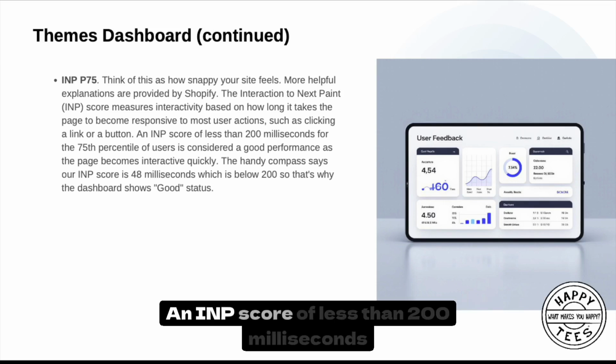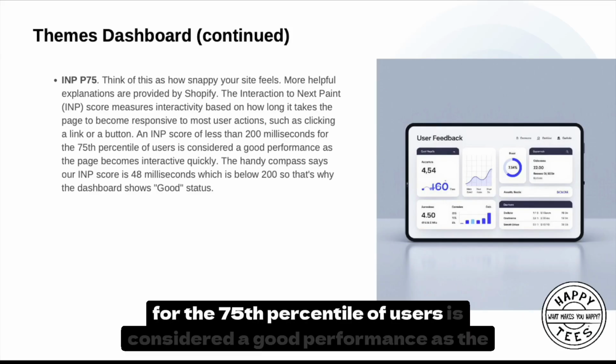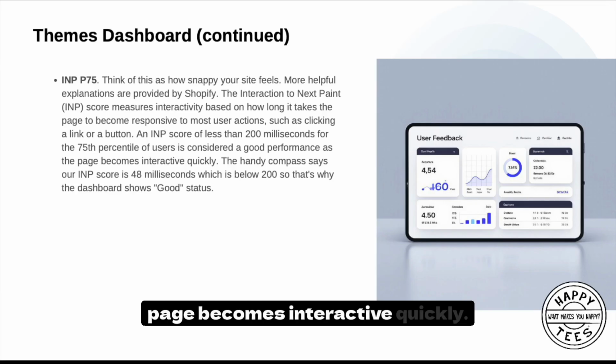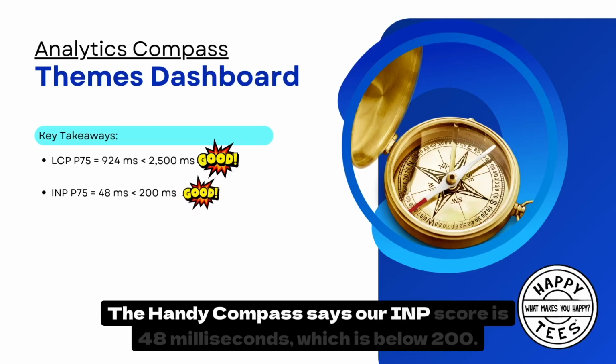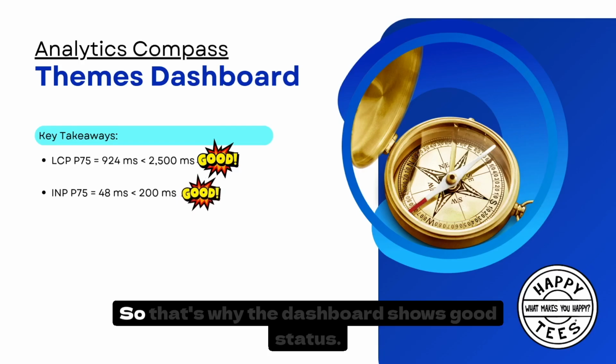An INP score of less than 200 milliseconds for the 75th percentile of users is considered a good performance as the page becomes interactive quickly. The handy compass says our INP score is 48 milliseconds, which is below 200, so that's why the dashboard shows good status.